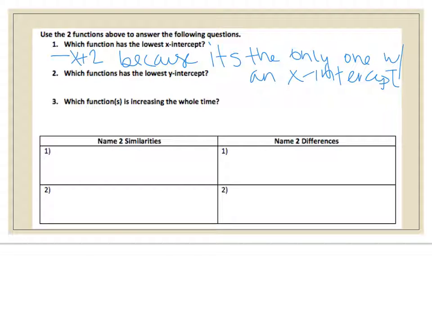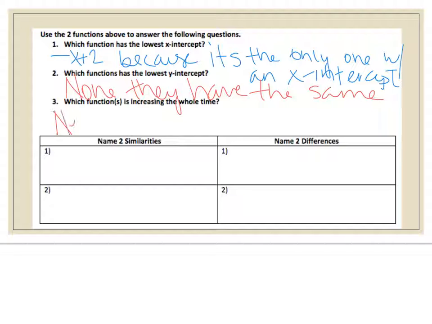Which function has the lowest y-intercept? This one is none. They have the same. They're both at 0, 2. Which function is increasing the whole time? This is also going to be neither, because we know they're decreasing the entire time.